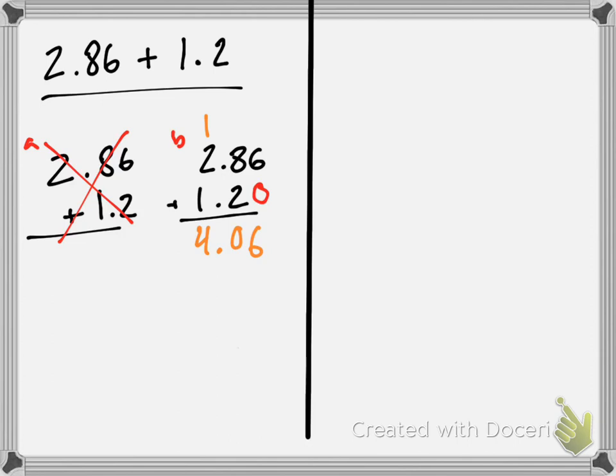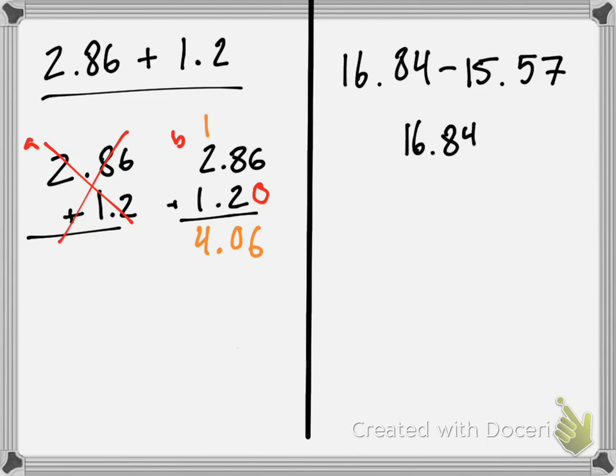What if I had this? Okay, so let's say I had this one. We already know we need to line up our decimals because we've already seen that. So we know it's 16.84 minus 15.57.